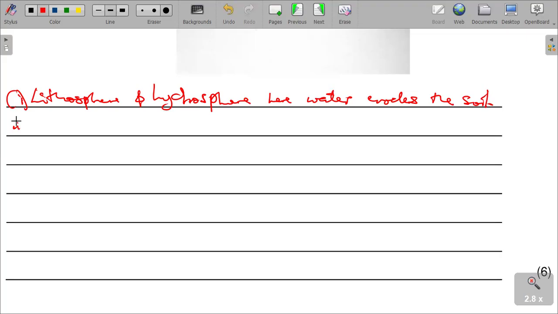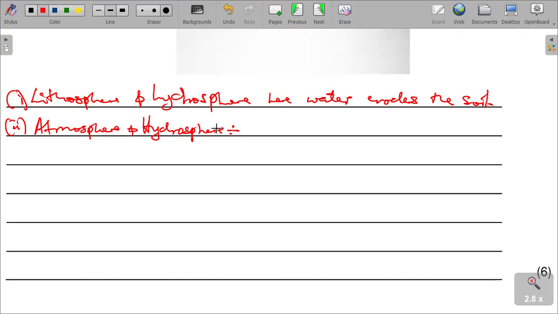And then we think about the atmosphere and the hydrosphere.